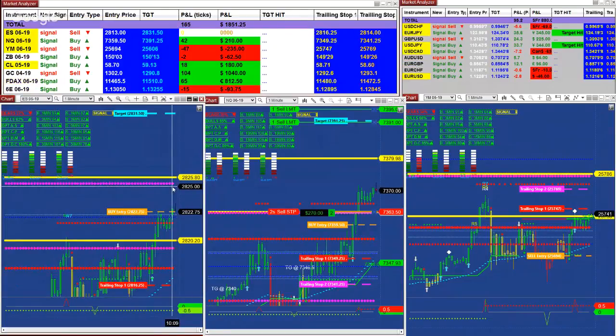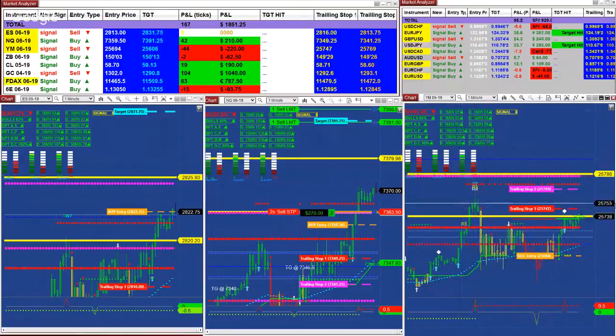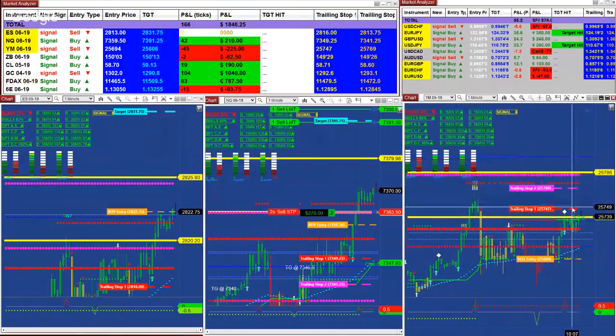Now we crossed this 2250. The resistance becomes a support line, and now slowly we are starting to break those areas here, and we need to see this YM start taking a little lift in here.